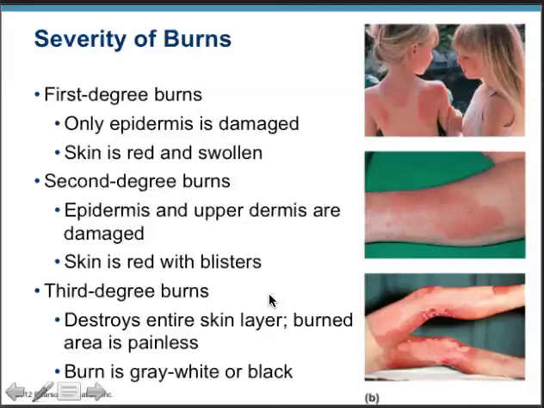It will generally regenerate, although there may be some scarring, while third-degree burns destroy the entire skin layer and, oddly enough, these burns are painless because the nerve endings have been destroyed. The burn will appear either gray, white, or black, and we have to resort to grafting in order to repair this type of extensive damage.